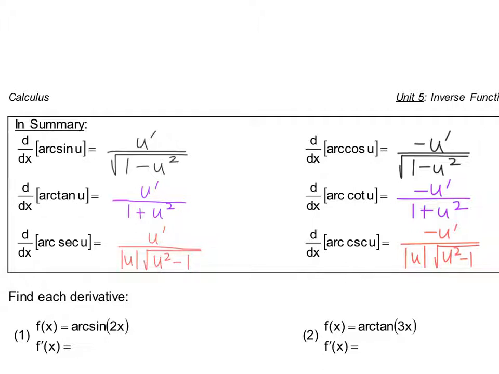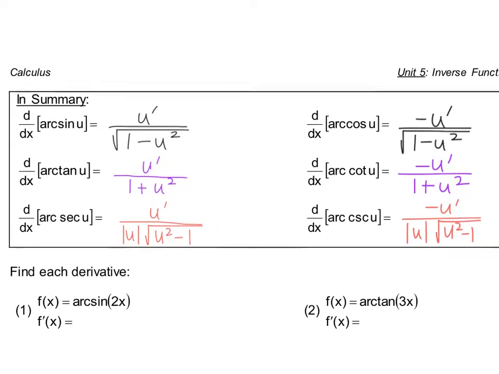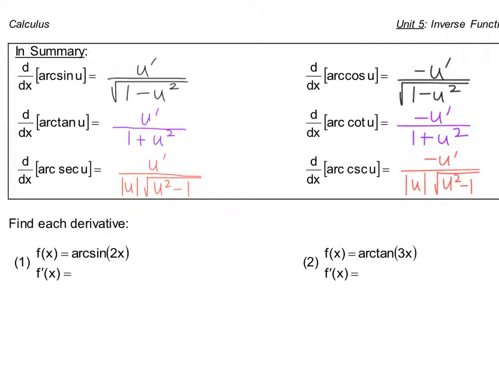So the problems that follow are all asking you to just apply the definitions, the rules that we just came up with. So when it says find the derivative of the arc sine of 2x, all it's asking us to do is identify the u, take the derivative of that, and then plug it all in.